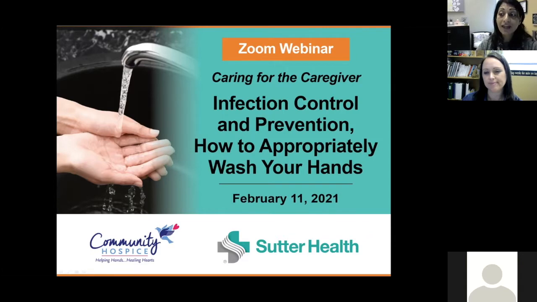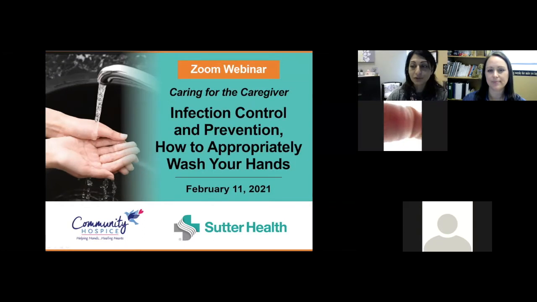Learning the role hand hygiene plays is a huge role in healthcare associated infection prevention and of course community acquired infections. So we are going to learn the right time and the right way to wash our hands.